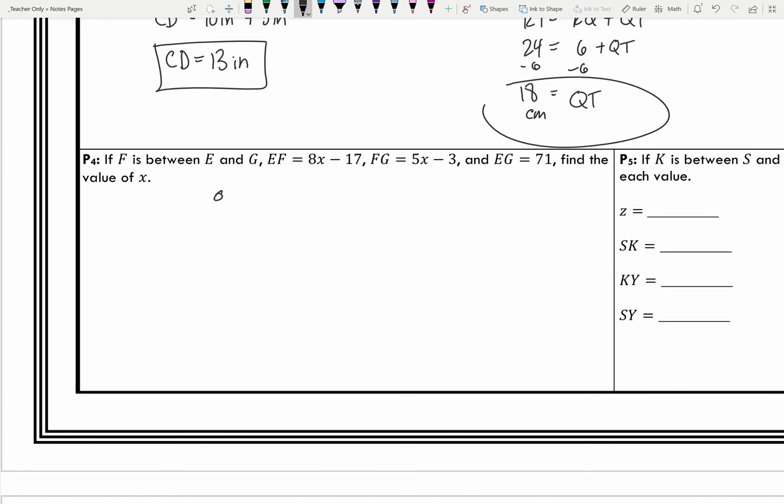So if F is between E and G, EF is 8x minus 17, FG is 5x minus 3, and then EG is 71.